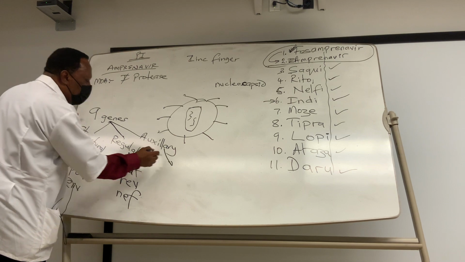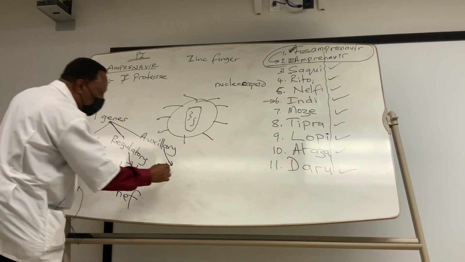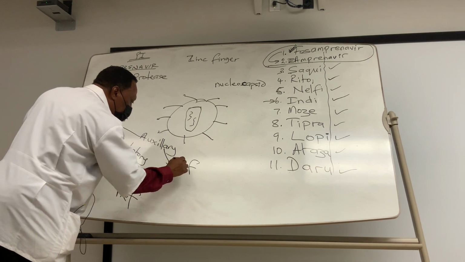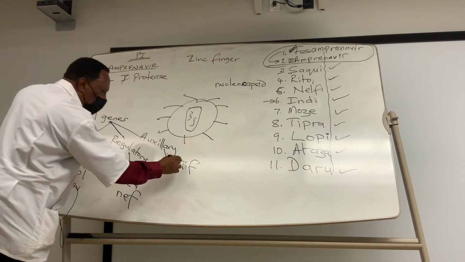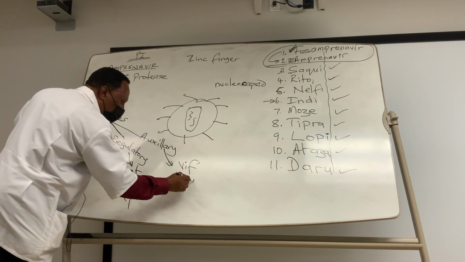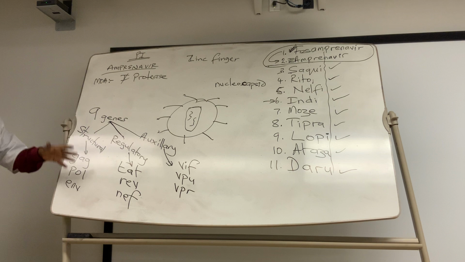And your auxiliary genes are the ones that can, for instance, control the final packaging of the virus. So you have your VPU and your VPR. So those are the 9 genes of your HIV.